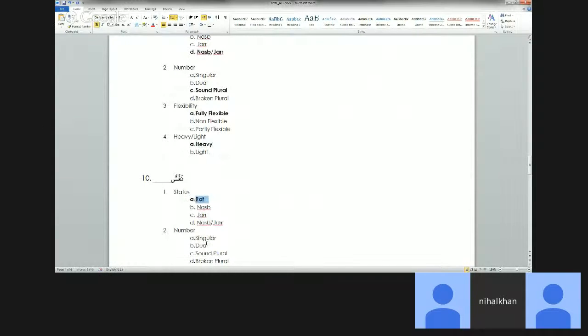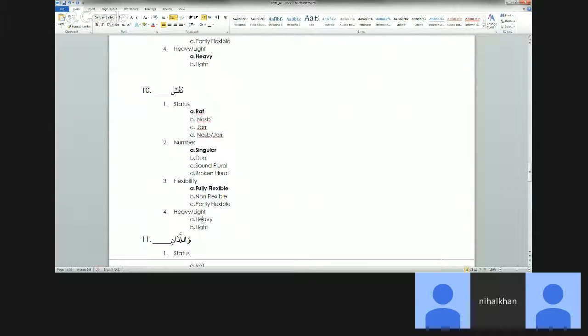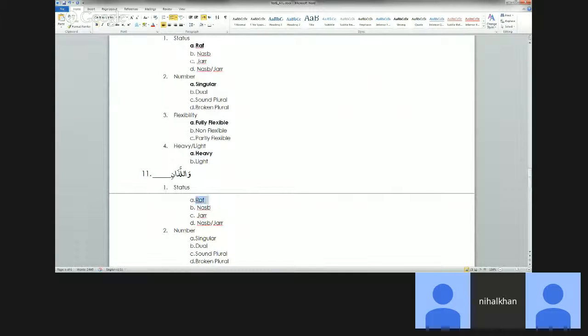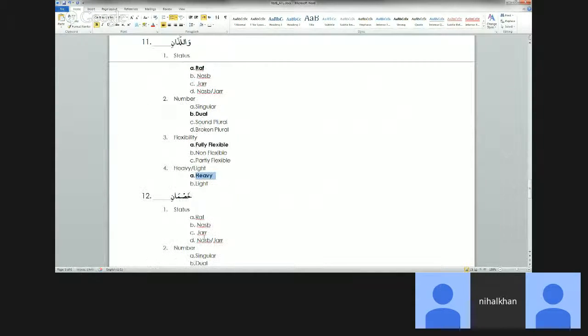Nafsun rafa, singular, fully flexible, heavy. Walladhani rafa, dual, fully flexible, and heavy.